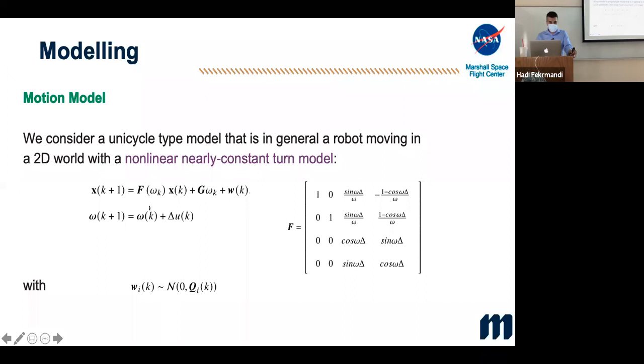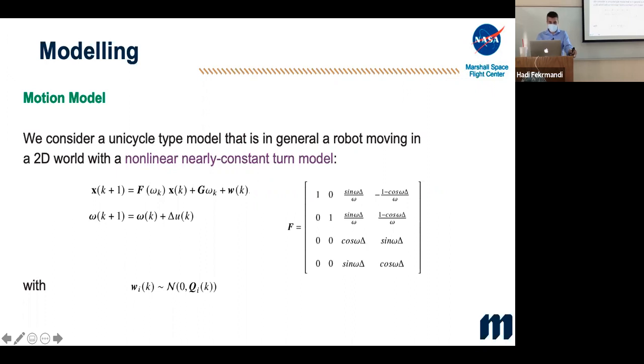This predicts the next step in time versus what I'm measuring, and it is also based on omega. Omega reflects the almost-constant-velocity assumption that we have. But what is interesting is that we do have some uncertainty involved, which is Gaussian noise with a mean of 0 and a covariance of Q.